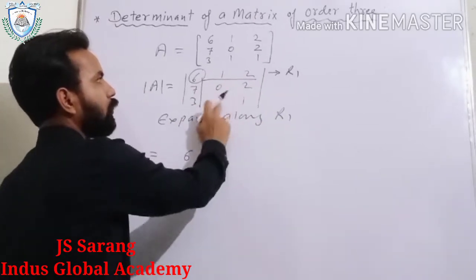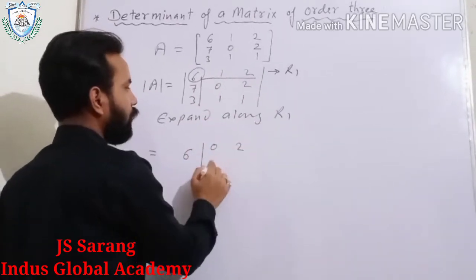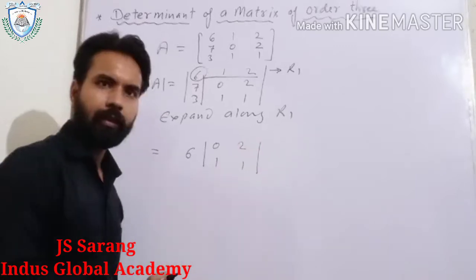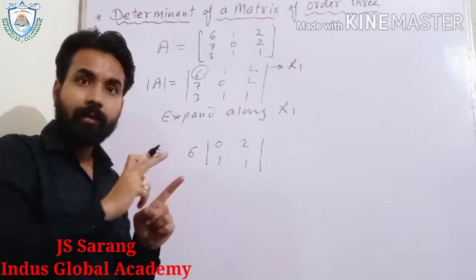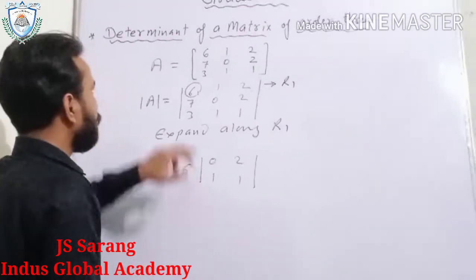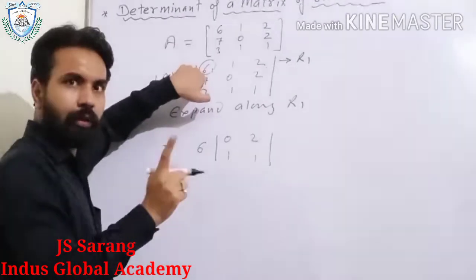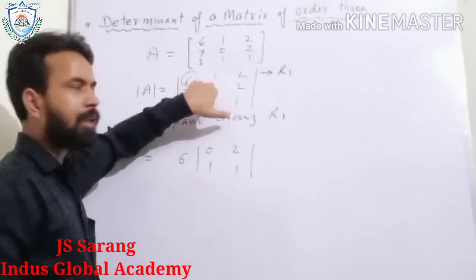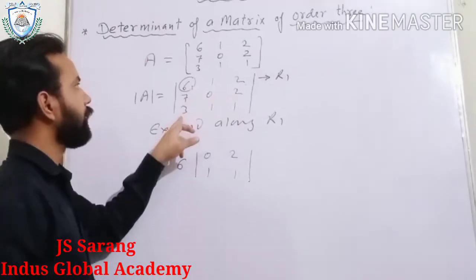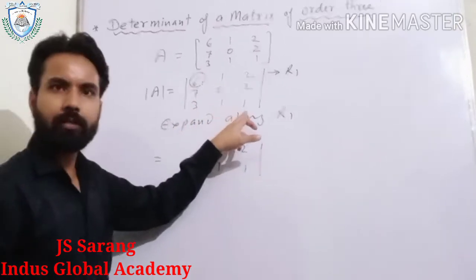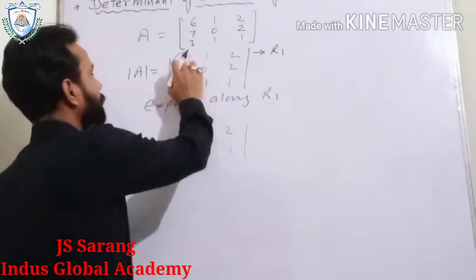What is left? 0, 2, 1, 1. In place of minus 1 to the power something, I explained to you, na? So the very first element will be positive, second element will be negative, third is positive. Understood?